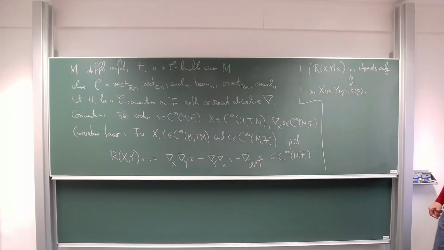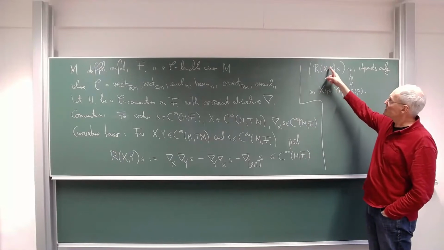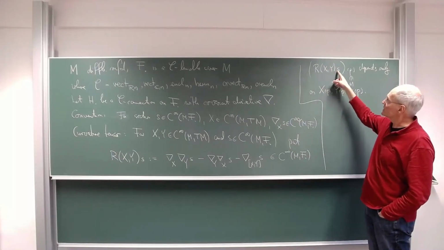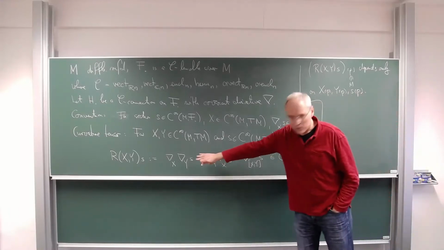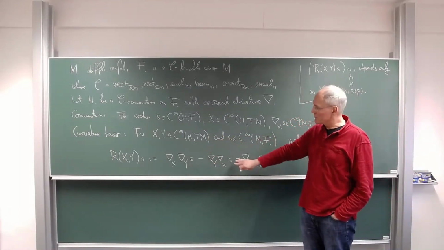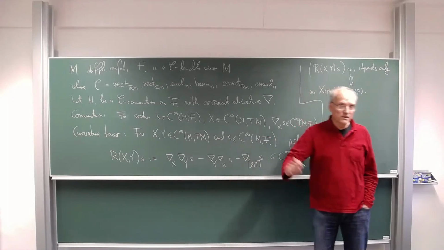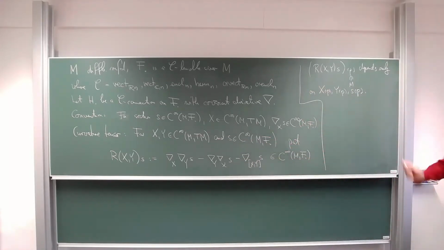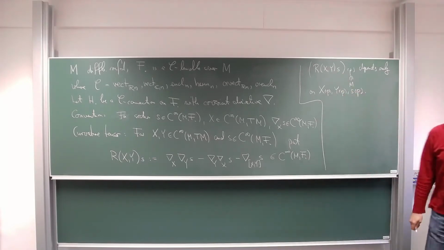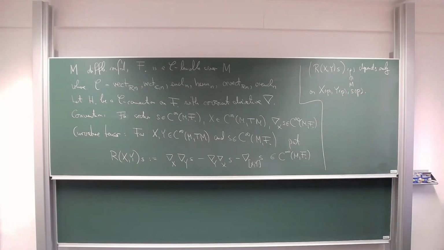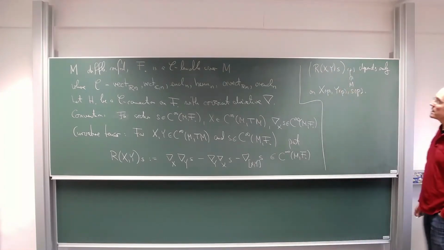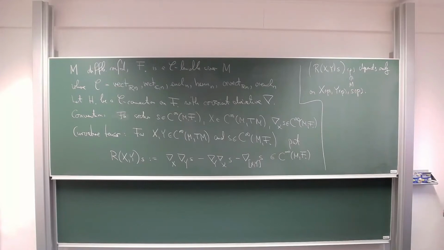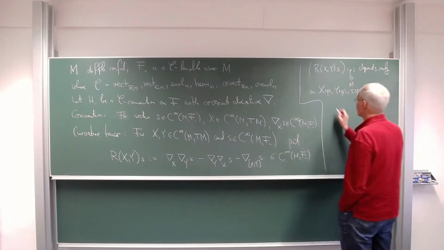So what you check is that if you insert functions in front of these vector fields and the section, then it turns out, if you use the rules that we have obtained for the covariant derivative, that all derivatives of the functions at a given point cancel out. And this then implies that the result depends only on the values of X, Y, and S at that point. So in other words, this is really a tensor. So R is a tensor field on my manifold.